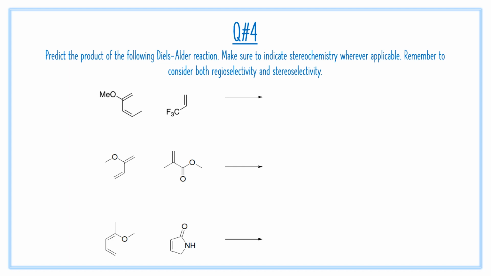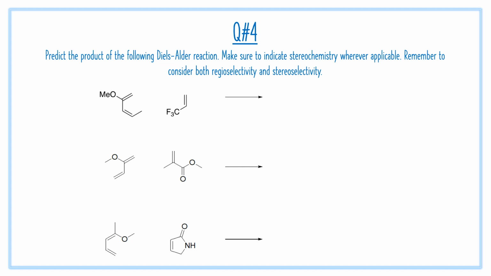And then our last question, question number 4, is to predict the product of the following Diels-Alder reaction. Make sure to indicate stereochemistry wherever applicable. Remember to consider both regioselectivity and stereoselectivity.